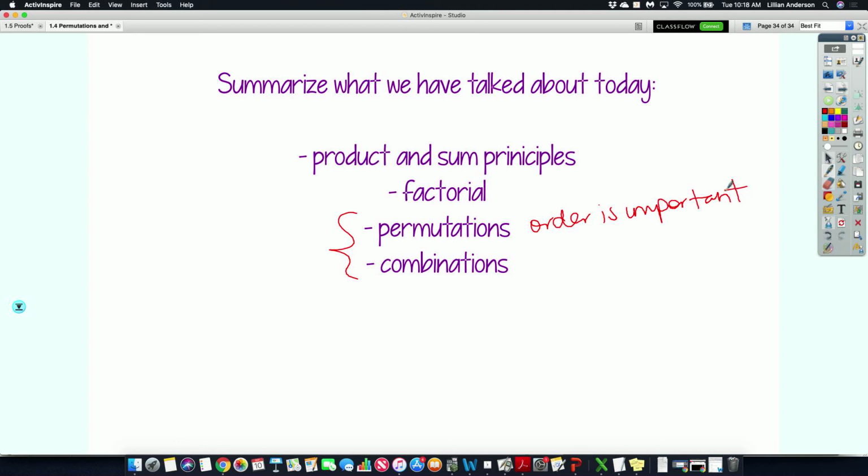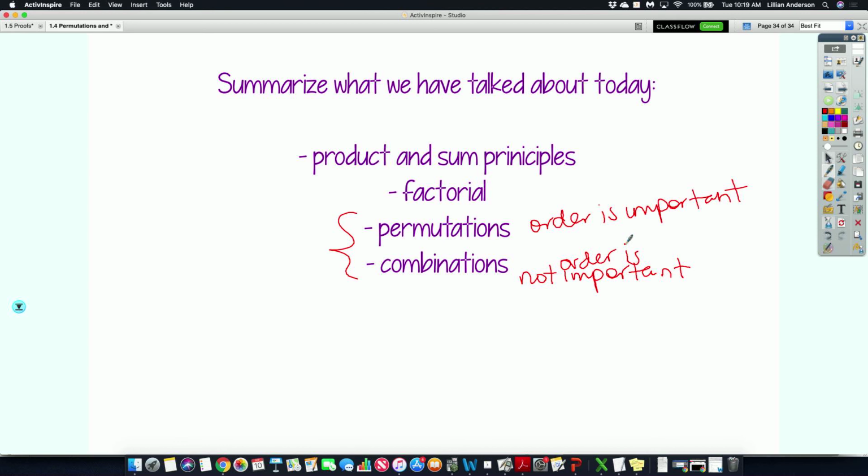And when order is not important, that's when I'm going to use combinations. Very good. Factorial is involved in this because it's a part of their formulas. It is the process of multiplying a number by each number decreasing all the way to 1.